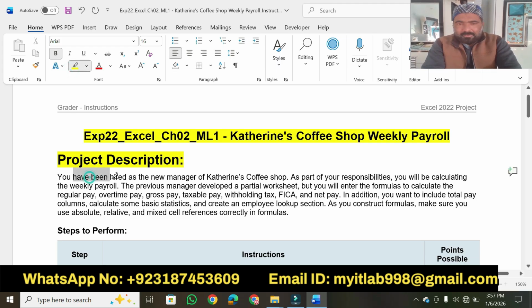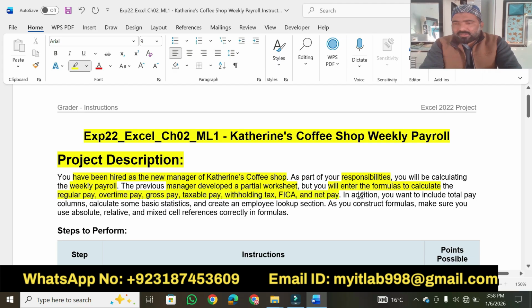You have been hired as a new manager of Catherine's Coffee Shop. As a part of your responsibilities, you will be calculating a weekly payroll. The previous manager developed a partial worksheet, but you will enter formulas to calculate the regular pay, overtime pay, gross pay, taxable pay, withholding tax, FICA, and net pay.